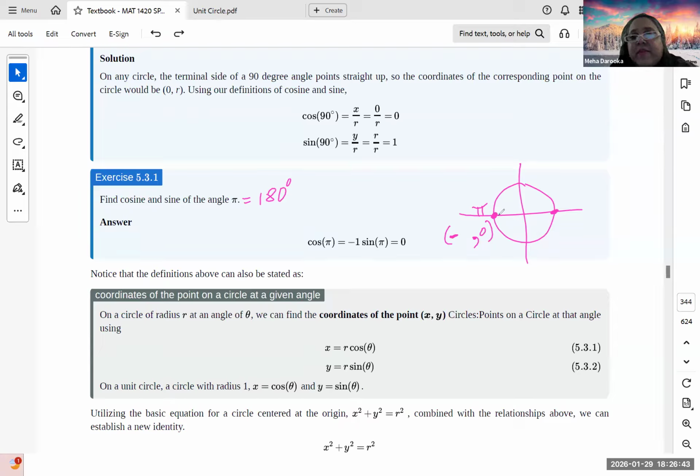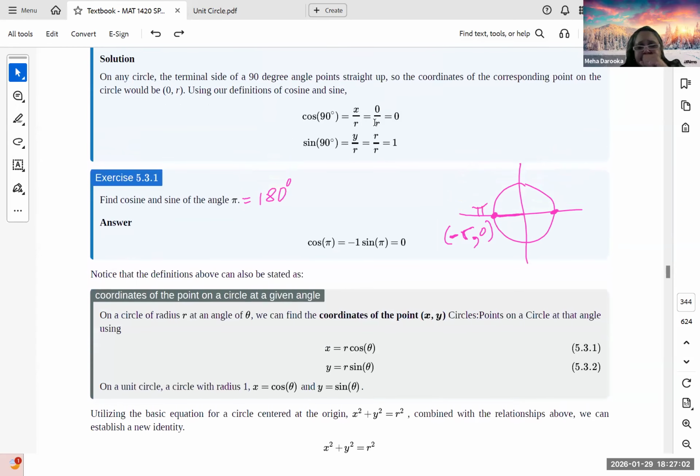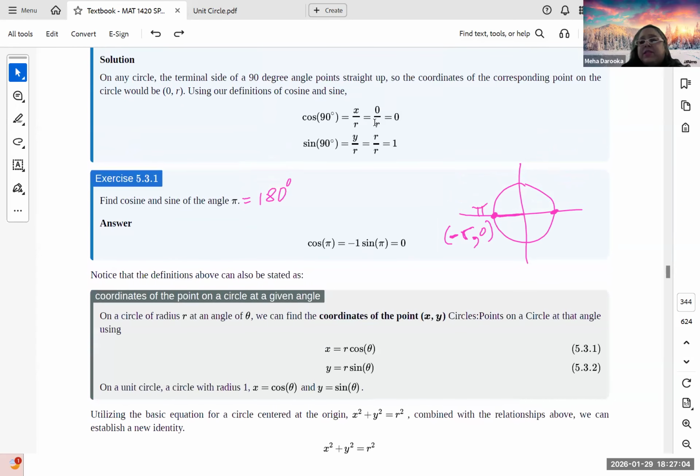And then, of course, whatever is the radius of the circle, it's going to be negative r for the x value. Pretty much the same thing you did in the example above, but there you were on the positive y-axis, so your r was positive. For this one, since you are on the negative x-axis, your x will be a negative value, right?